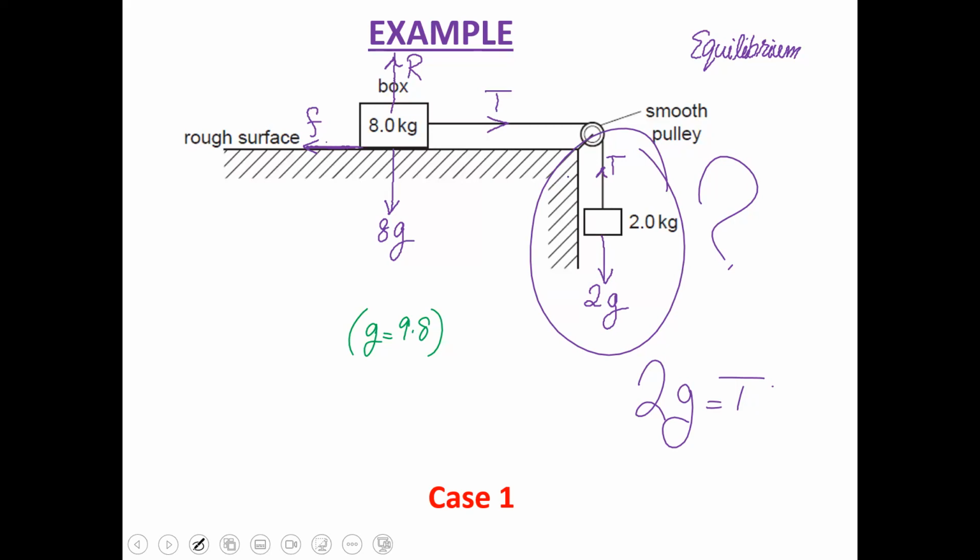The pulley is not moving. The system is in equilibrium. You should remember that the two tensions from the pulley are giving a resultant, that is the strain on the pulley. But the pulley is in its place. If the pulley breaks, then it's a different case.